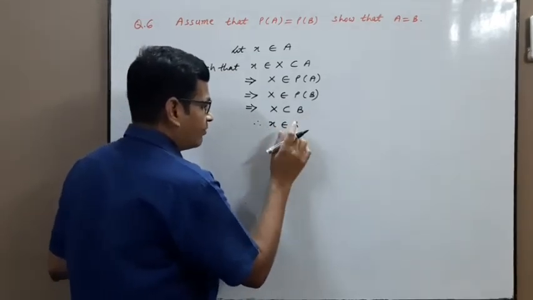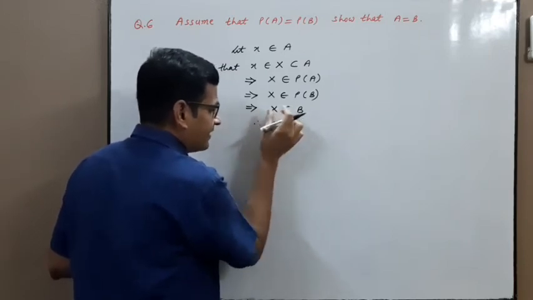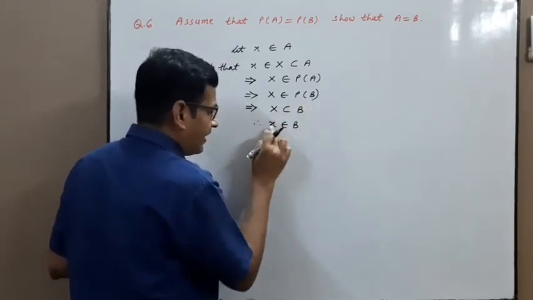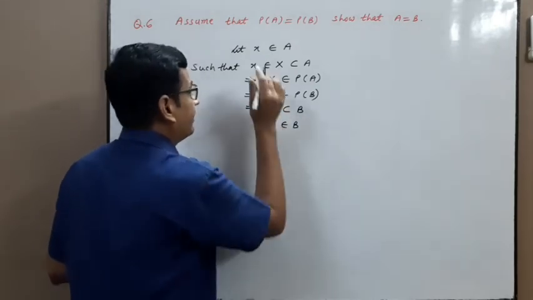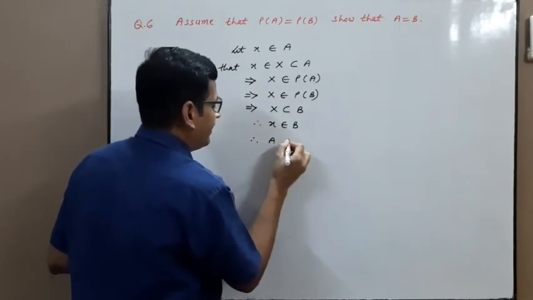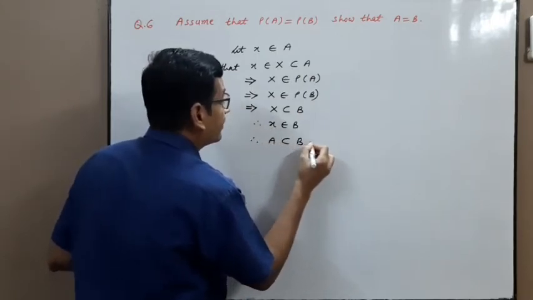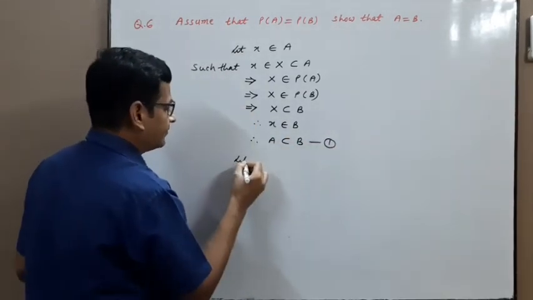Because x belongs to X and X is a subset of B. Every element of set X is also an element of set B. So x is an element of X, so x is also an element of set B. So x belongs to B. x belongs to A, x belongs to B. Therefore, A is a subset of B. Give equation number 1.